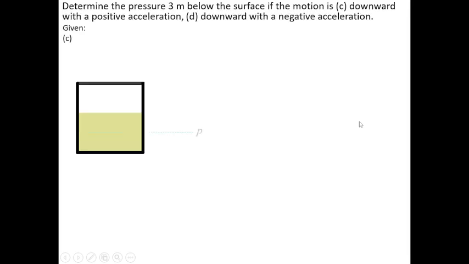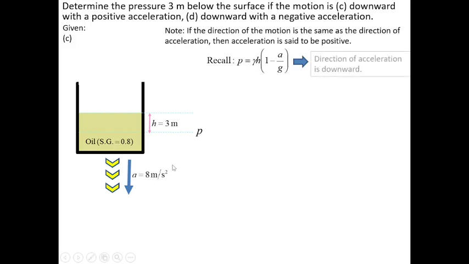So, next, C, downward with a positive acceleration. So, downward. So, acceleration, positive. Therefore, same ang direction of motion. So, if the direction of the motion is the same as the direction of acceleration, then acceleration is said to be positive. Okay?